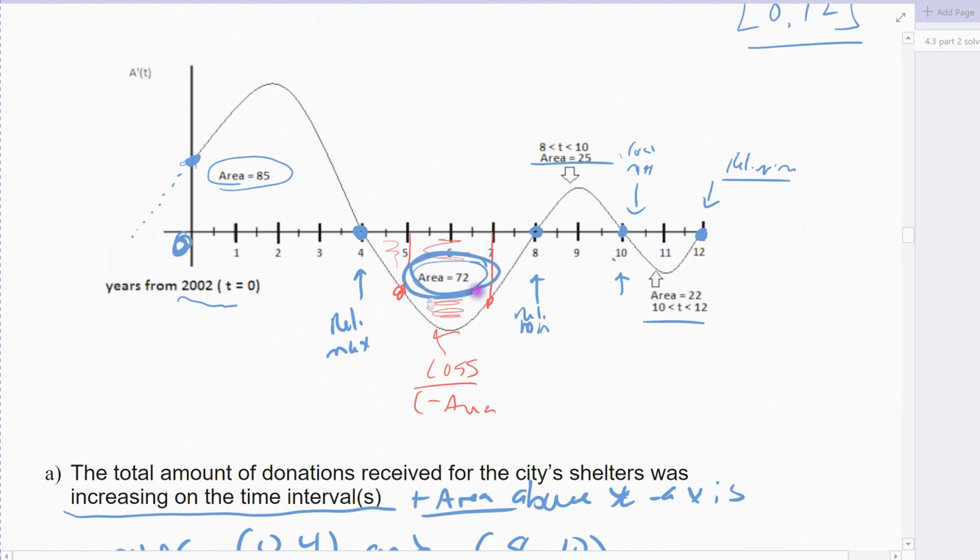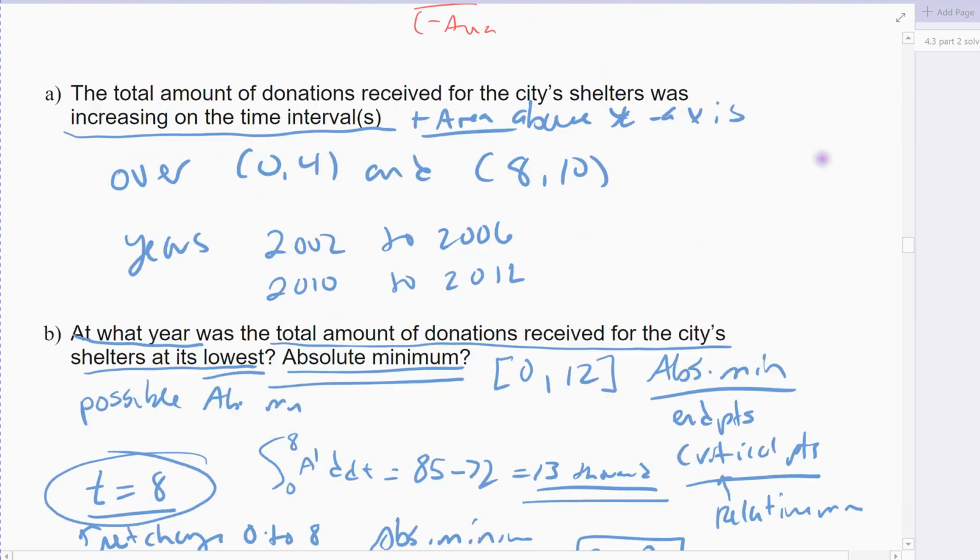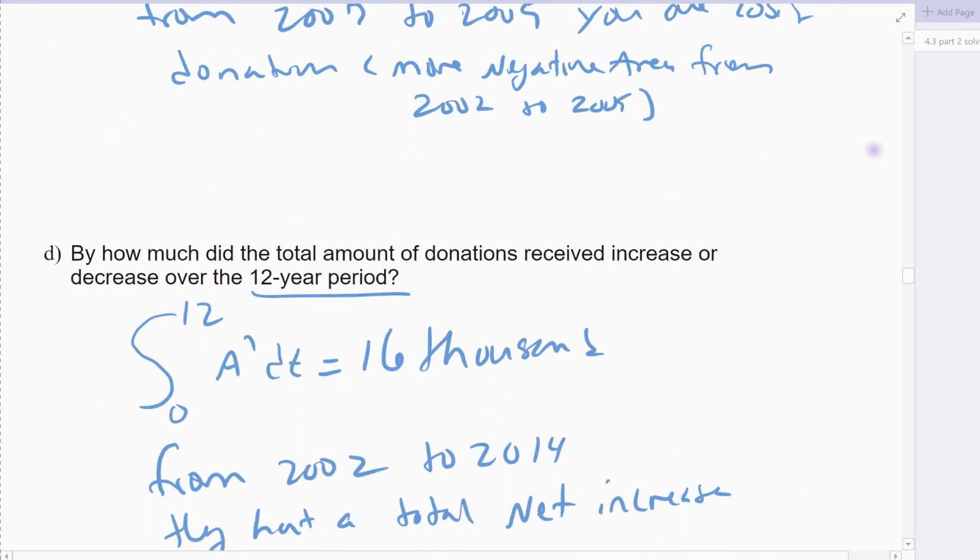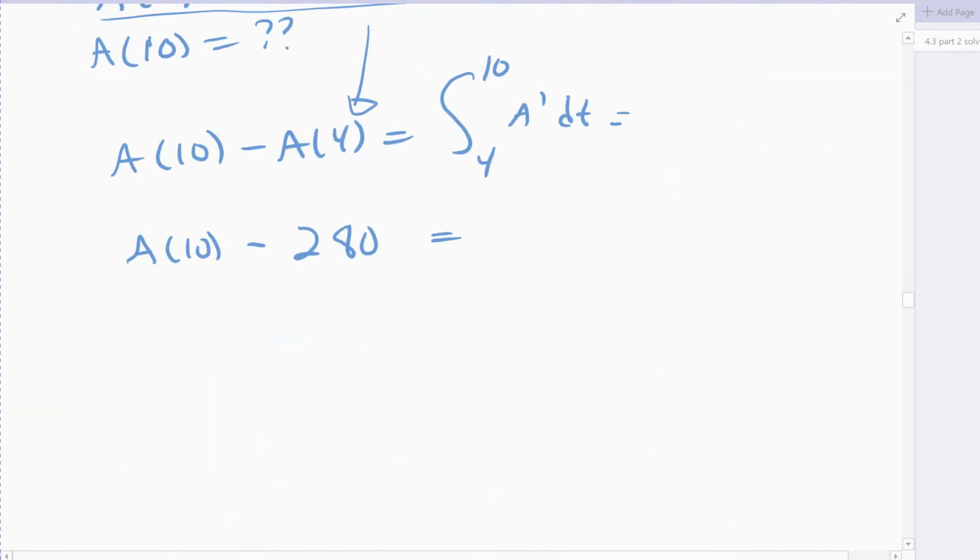So I've got negative 72 and a positive. So this particular area sum is going to come out more negative because I've got more negative area than positive area. So negative 72 and positive 25, if I remember correctly when I get down here. All right, so negative 72 plus positive 25.